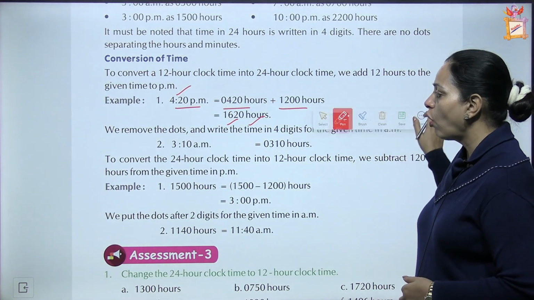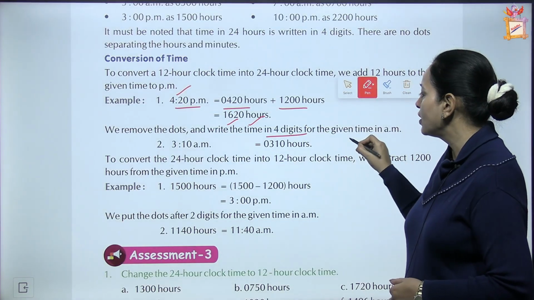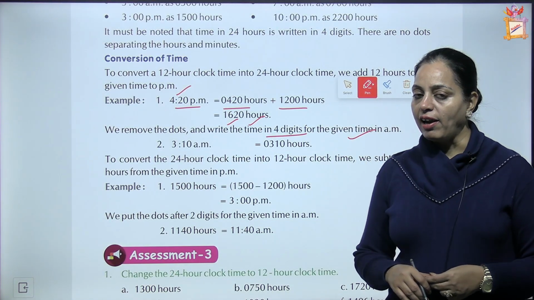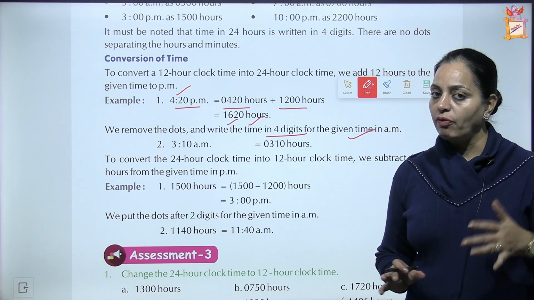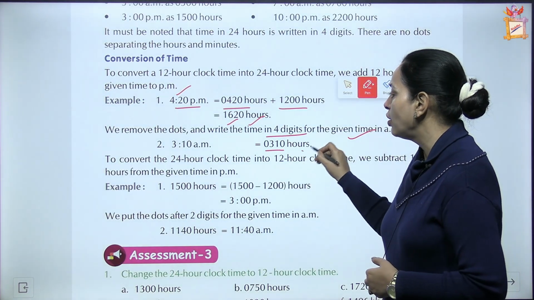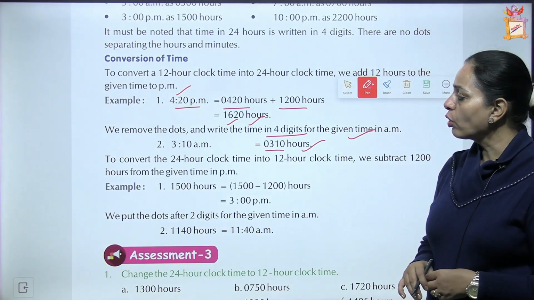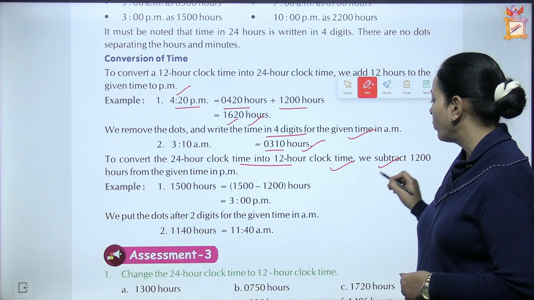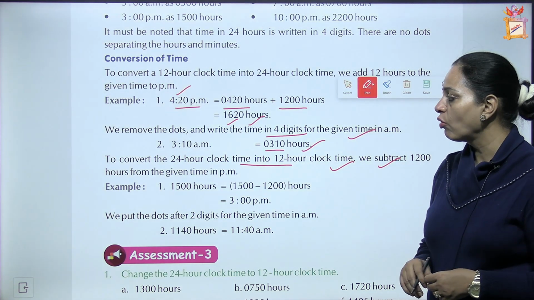Now we remove the dots and write the time in 4 digits for the given time in AM. Like here 3:10 AM. So no need to add 12 over here. Simply we will write 0310 hours.